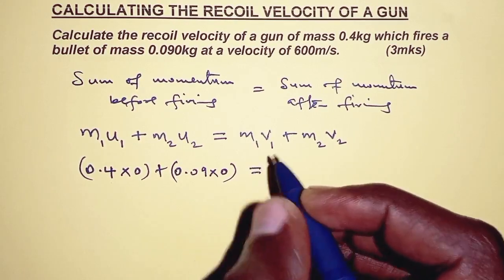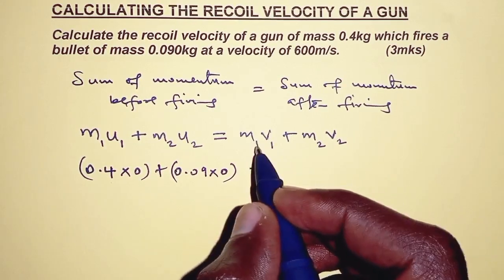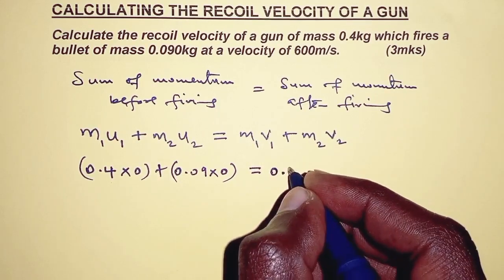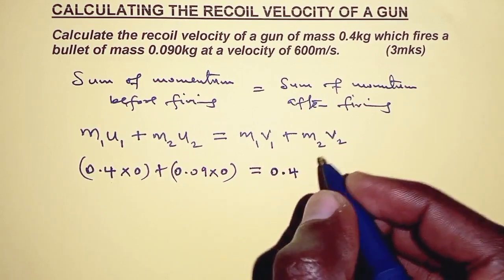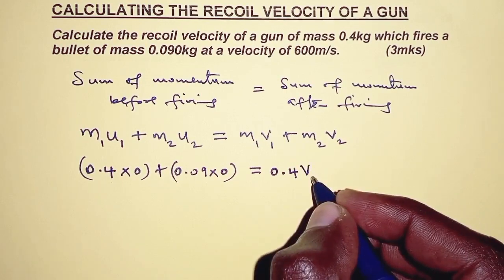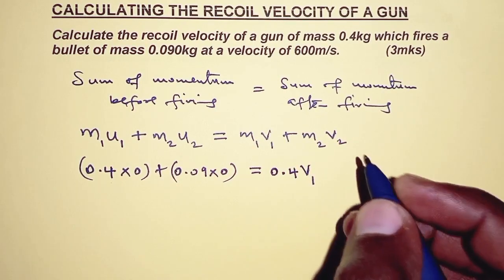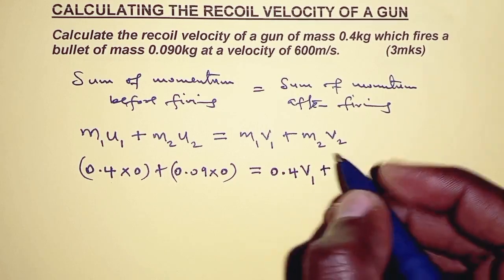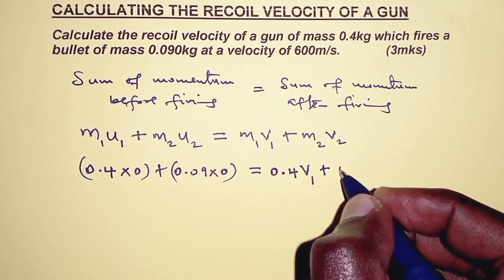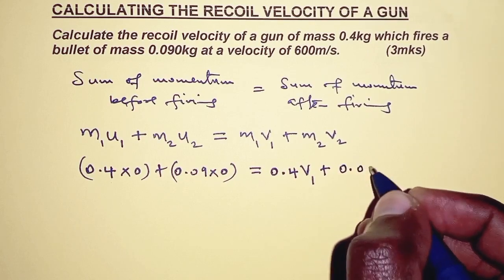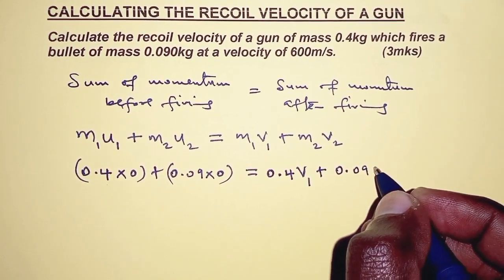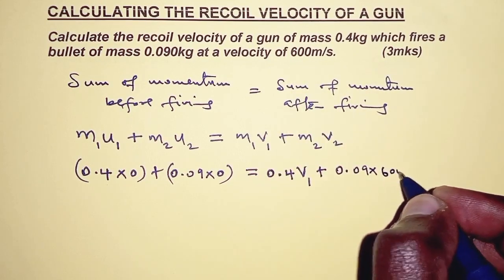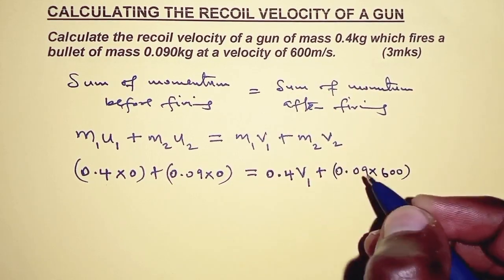And then after firing, we have mass of the gun 0.4 times its velocity, which will be the recoil velocity. That is the velocity of the gun after firing. And then we have to add that to mass of the bullet, which is 0.09 times the velocity of the bullet after firing, which we are told is 600 meters per second.